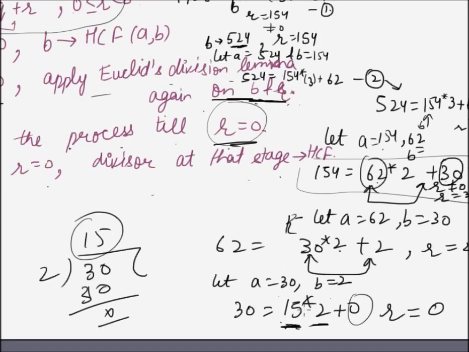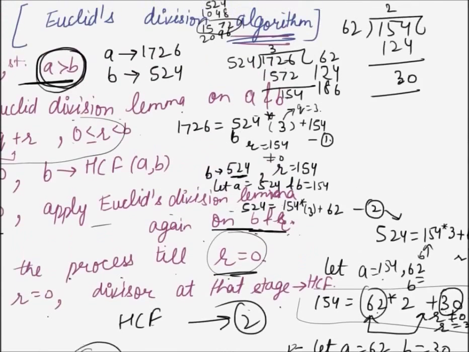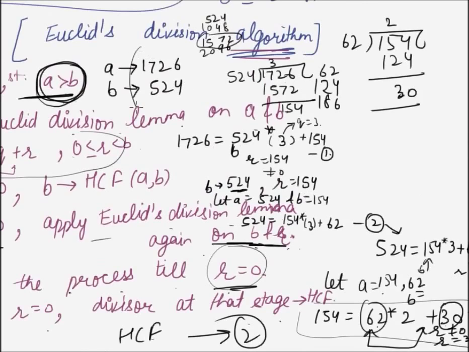So 15 was quotient and 2 was divisor. Thus the HCF of the given numbers is 2. Hence HCF of these two numbers is 2.